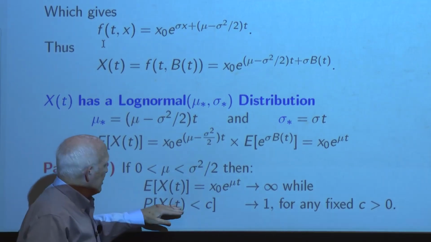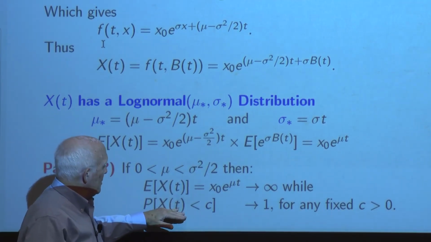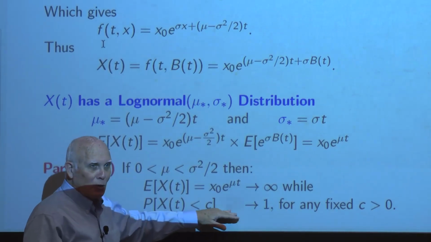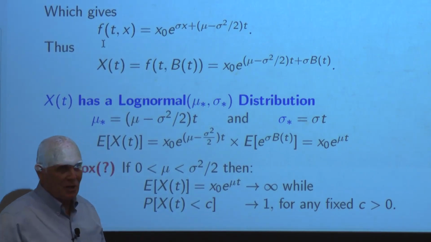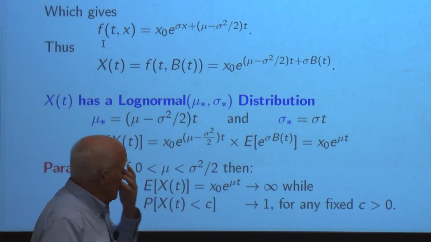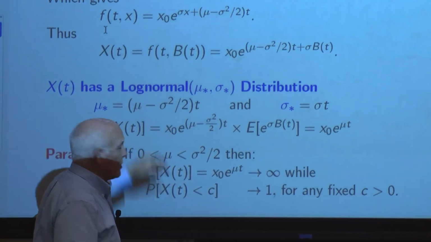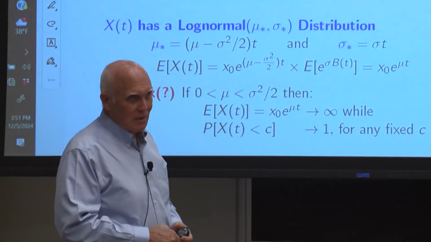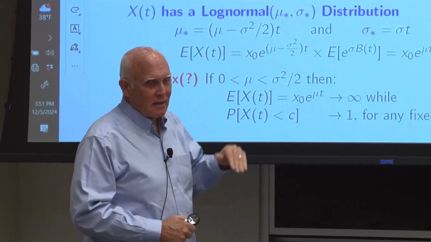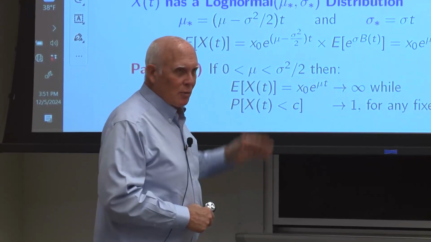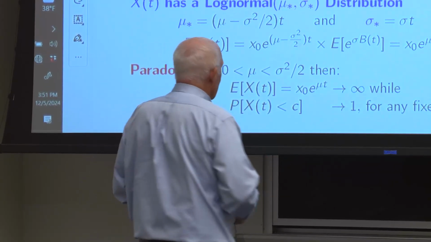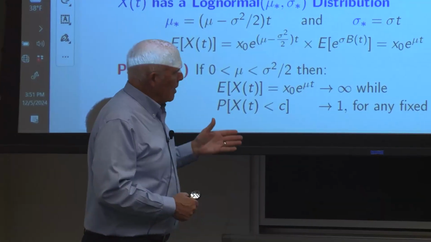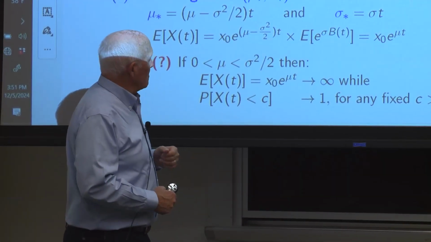And so the probability that the geometric Brownian motion is smaller than any constant is going to go to 1 as time grows large. So when the drift term mu is small relative to sigma squared over 2, then the likelihood of this process going to 0 occurs with probability approaching 1.